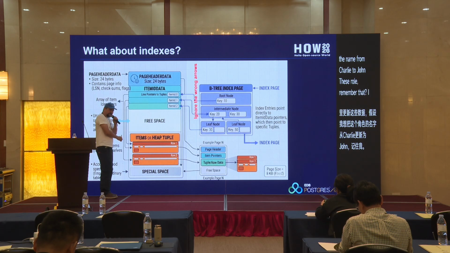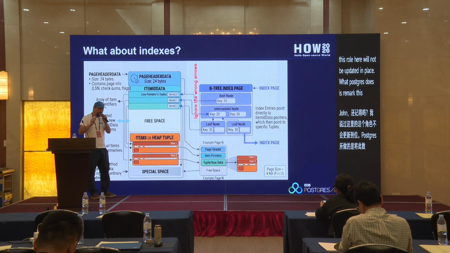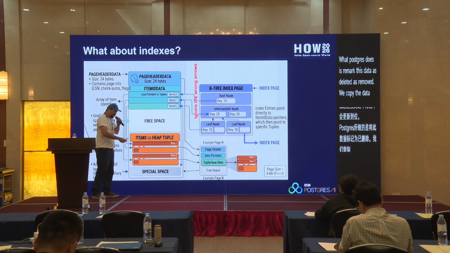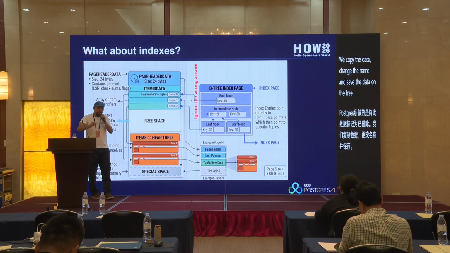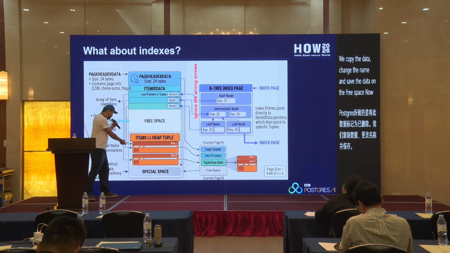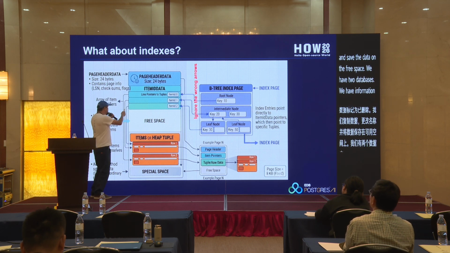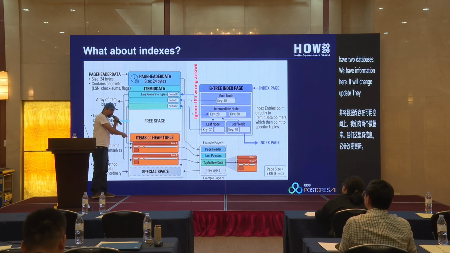What Postgres does is mark this data as deleted, copy the data, change the name, and save the data in the free space. Now we have 2 data spaces with information here, and it will update the pointer here for the next one.